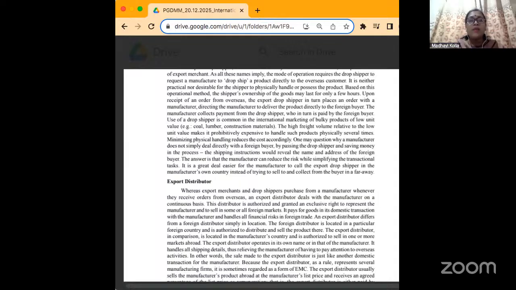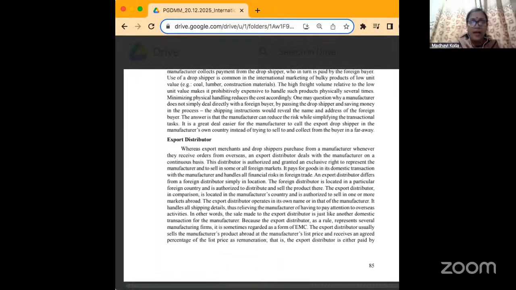So it becomes a highly complicated aspect. There is also another point to be considered, the time lag between a product from the manufacturer ultimately reaching the buyer. So that is why these drop shippers, though they are also export merchants, enable this kind of direct drop of the product to the end user.